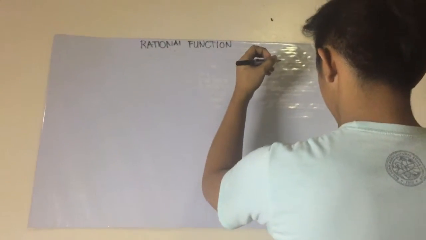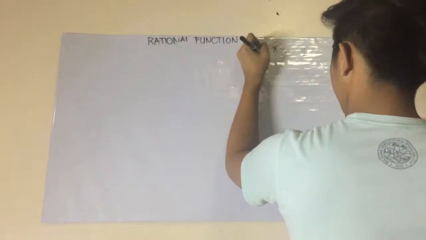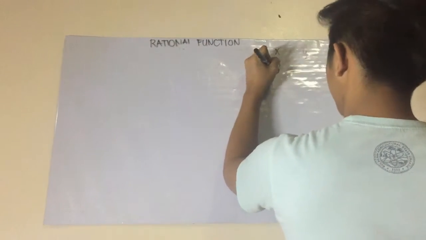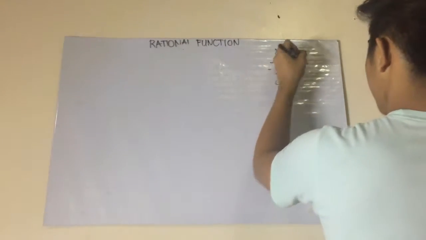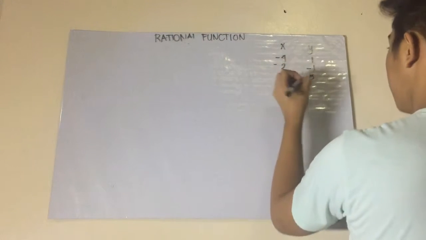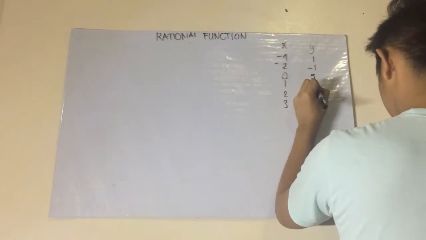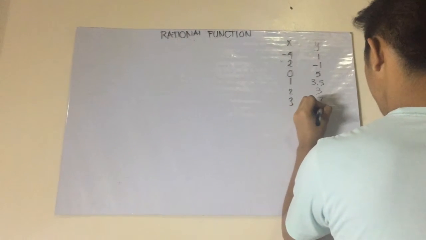So, ang values natin is negative 4, negative 2, 0, 1, 2, and 3. Then 1, 1, 5, 3.5, 3, and 2.75. Yun.